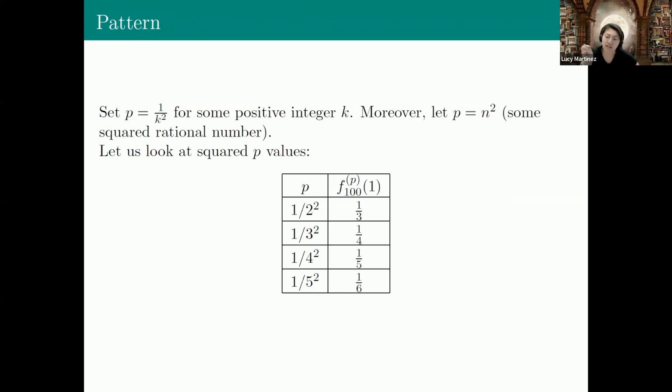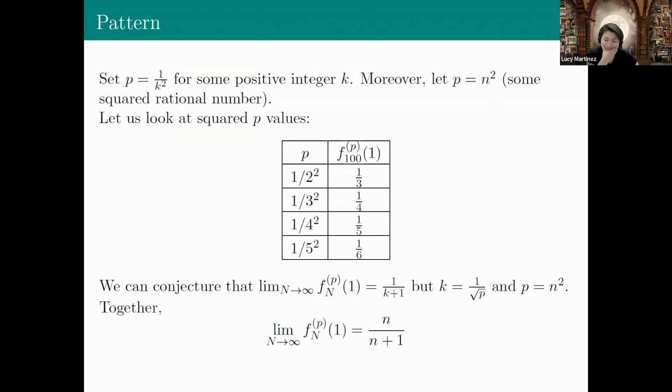Whenever we looked at the square p values, we got a rational number, and that was one of the nice things of looking at the symmetric case. So again, we could conjecture that this limit expression is equal to 1 over k plus 1.